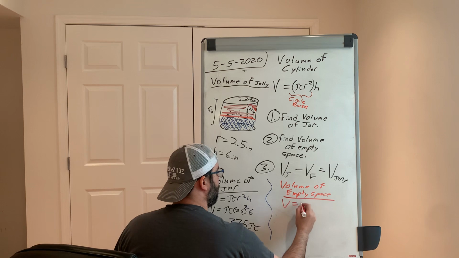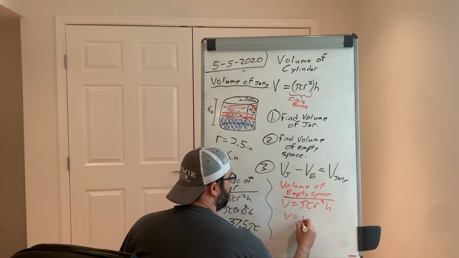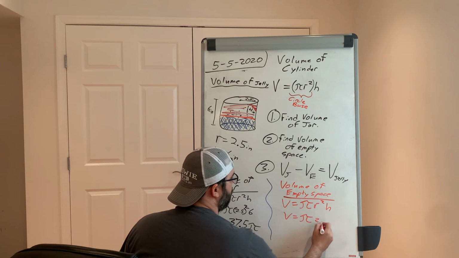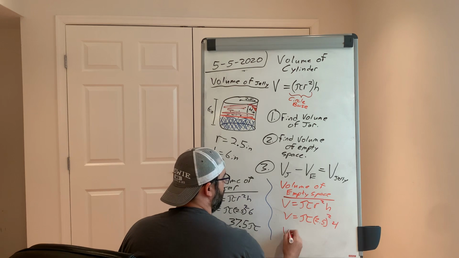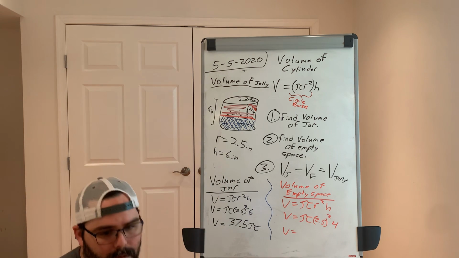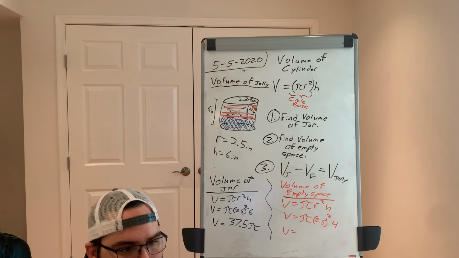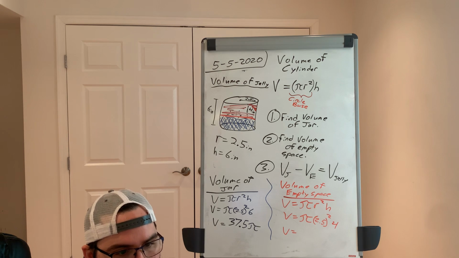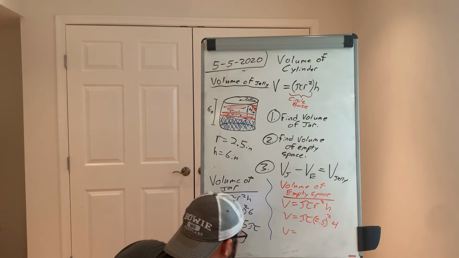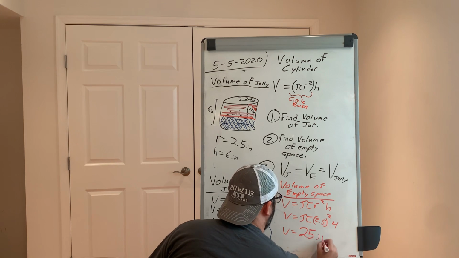So volume equals pi r squared height. Volume equals pi times 2.5 squared times 4. Let me do this calculation off screen. 2.5 squared times 4 is 25 even. 25 pi.